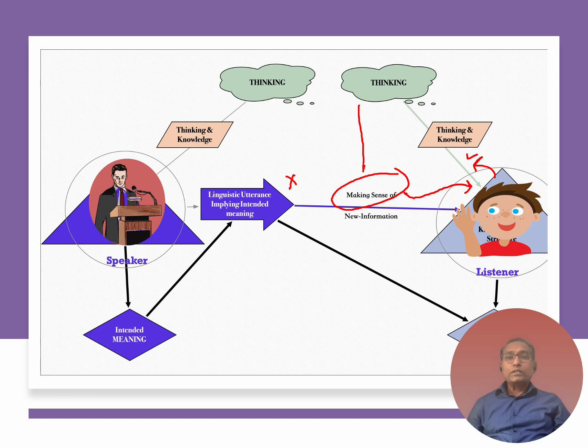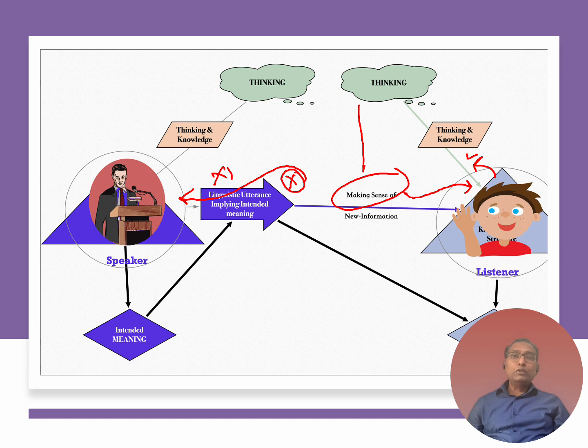So this is how dynamic we said that knowledge and thinking are related. And we said within this context, then, there is always some sort of new information that you consume for different purposes, but the basic purpose being to make sense of it, right? Now, what if that information comes from a speaker, right? And so whenever a speaker utters something, that is called a linguistic utterance.